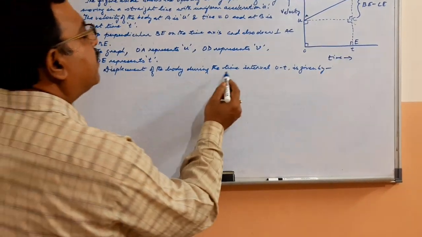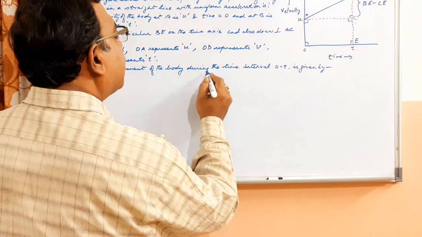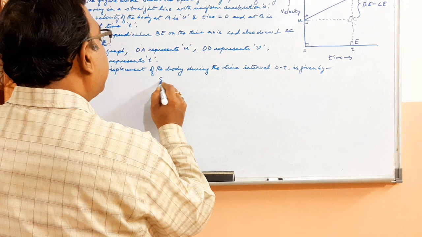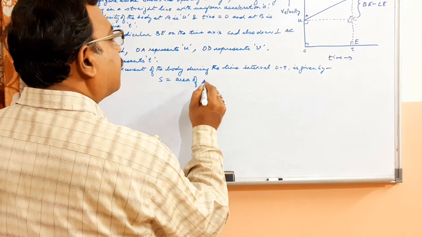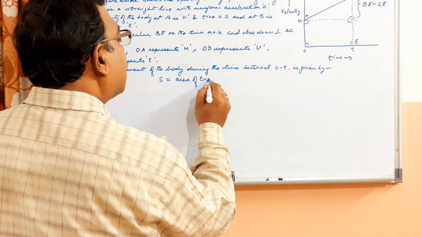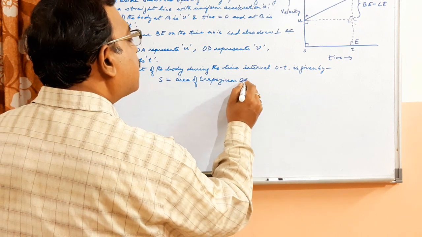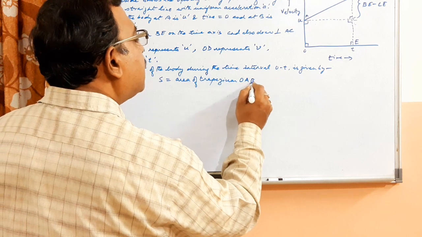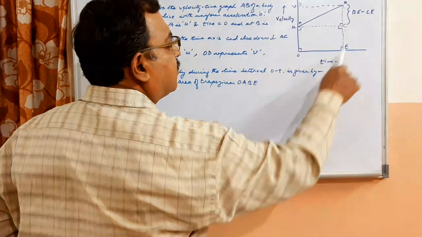Displacement of the body during the time interval 0 to t is given by S equal to area of trapezium OABE. You can see that OABE is a trapezium, right?